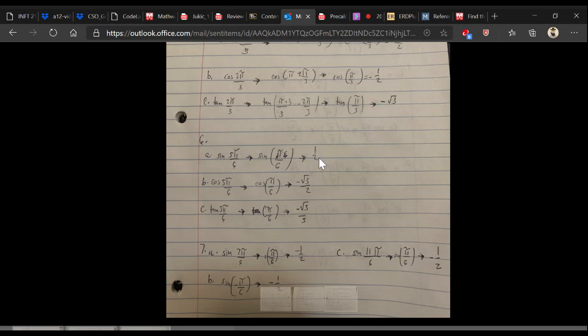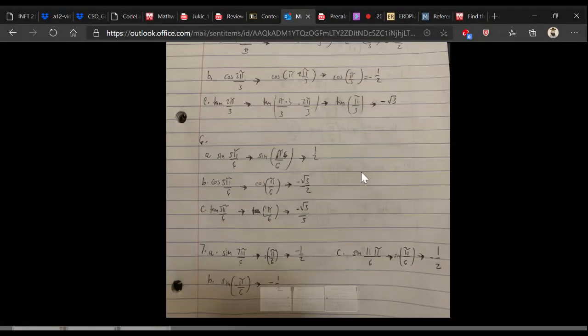So the first one is good. Let's check the second one. Now we know 5 pi over 6 is in the second quadrant. In the second quadrant, is cosine value positive or negative? Negative. So now you need to write down negative cosine pi over 6. You're missing the negative sign in the middle. Cosine pi over 6 is in the first quadrant, so it will be positive square root 3 over 2.